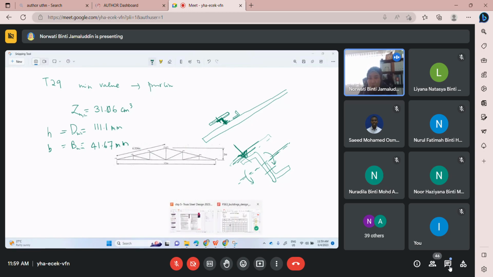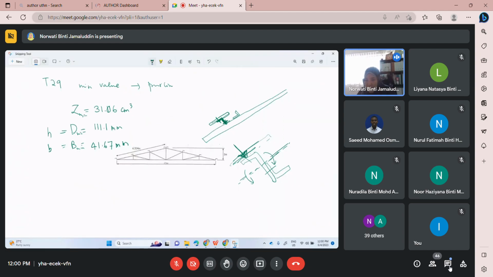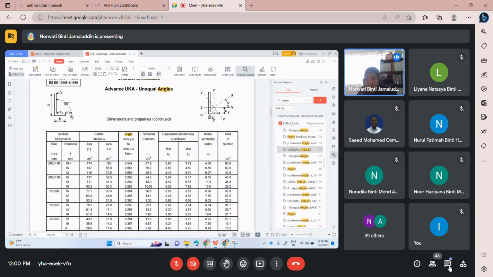Okay, then refer to your blue book. Imagine this one, rotate, then you rotate, Y axis is still here. This is Y, yeah, Y axis, Y perpendicular to the long leg, Z parallel to the long leg.